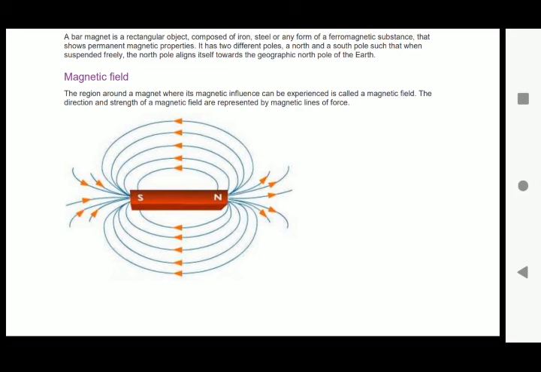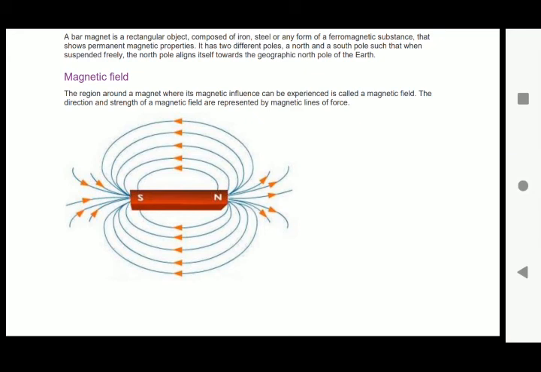In other words, the magnetic field lines are the lines drawn in a magnetic field along which a north magnetic pole would move. See the figure. These are also known as magnetic lines of force.